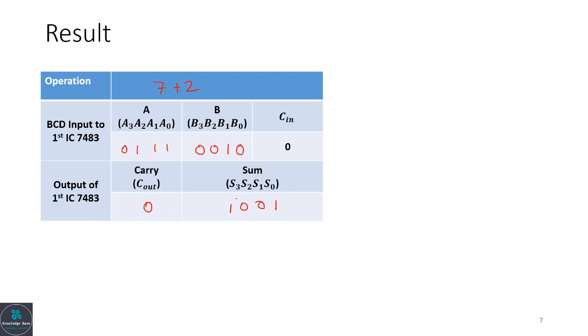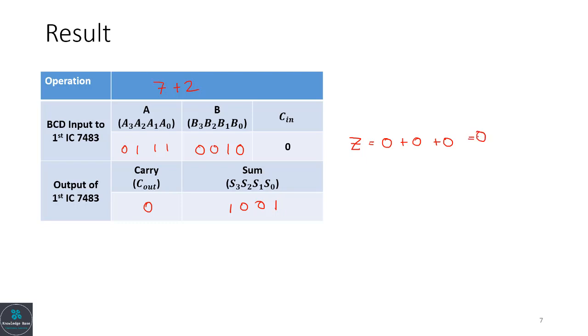Now if we calculate Z, what will be the value of Z? Carry out is 0, S3 and S2 are 1, 0, so it will be 0. S3 and S1 are 1, 0, so it will be 0. So Z is now 0.